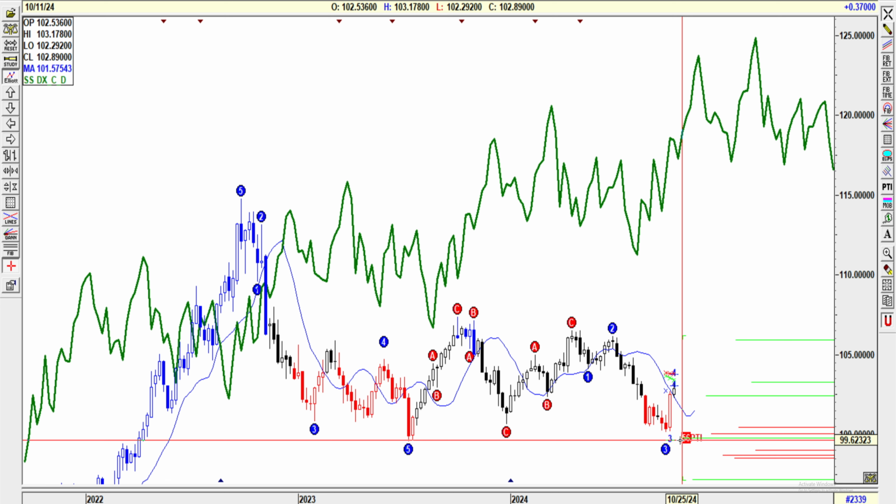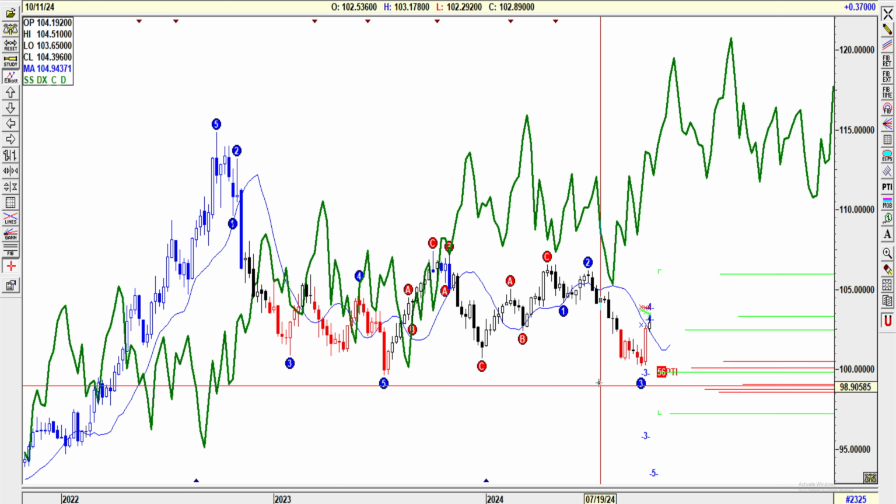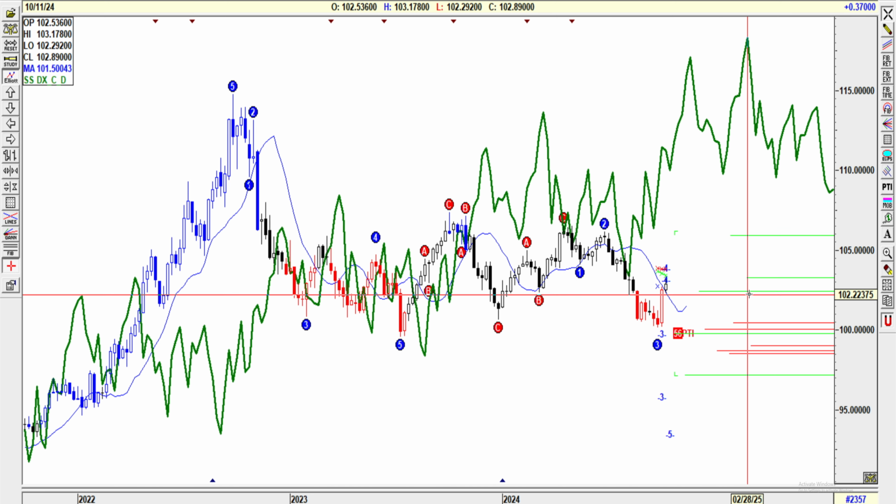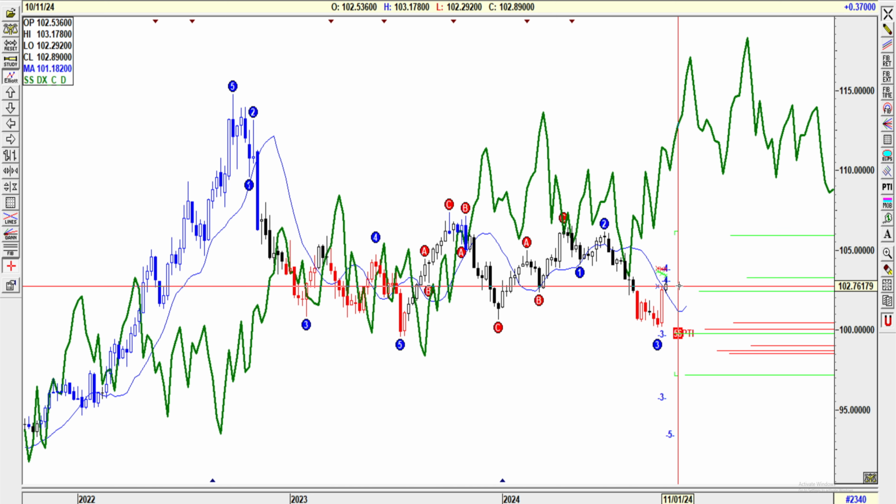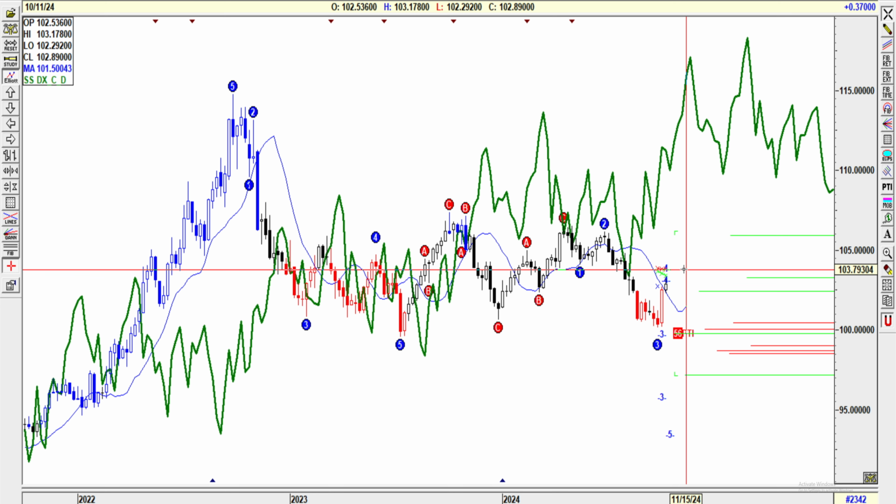And just in case this was at a 3, there's a 99 there, but the program is indicating that there's a wave 3. And then we're working on a wave 4. Wave 4 projection targets are 103.03 all the way to 103.79.